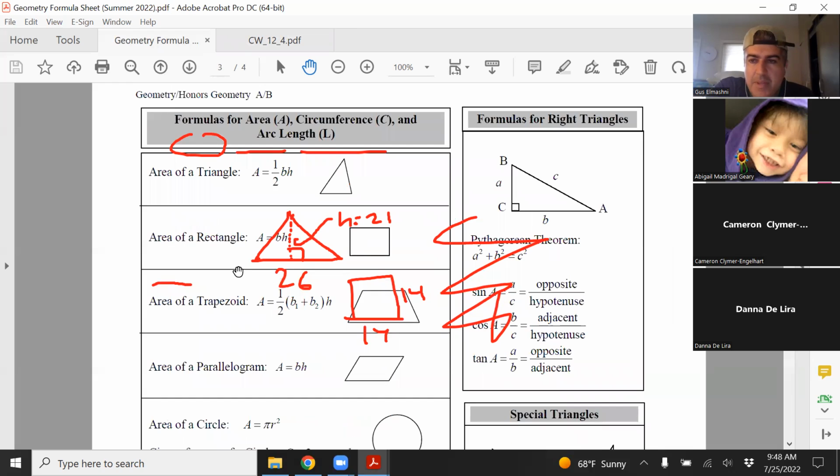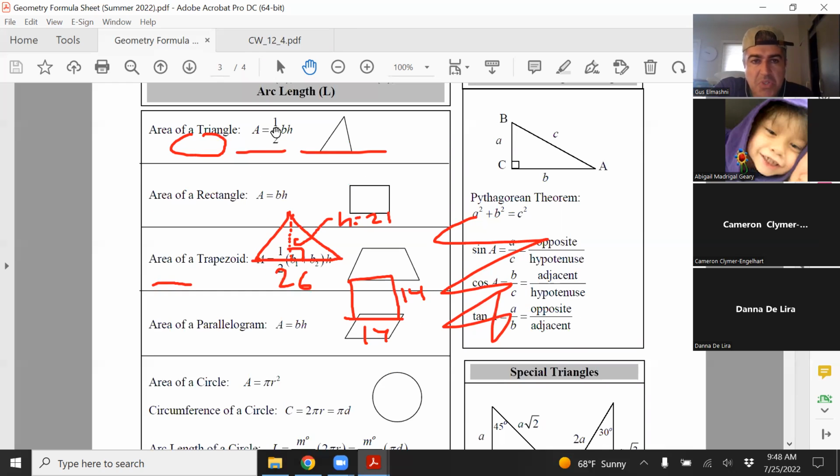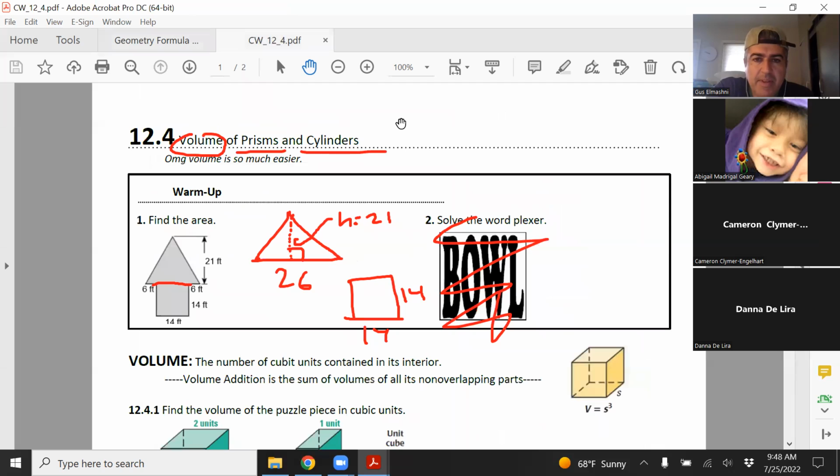Area of triangle is 1/2 times base times height. Area of rectangle is BH. Not hard, right? Square, same thing. So area of the square is, of course, 14 times 14. Use a calculator, 196. Area of a triangle is 1/2 BH.